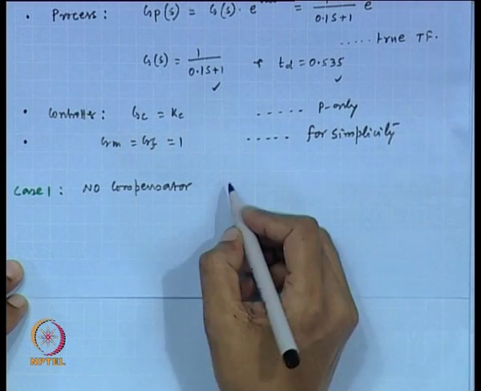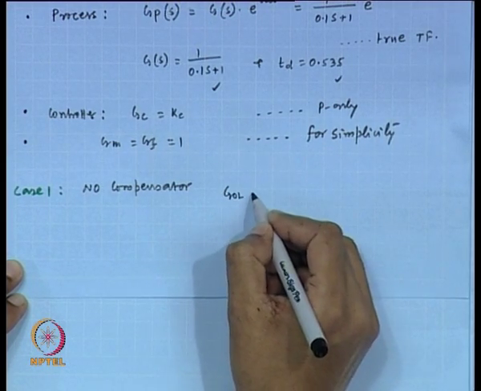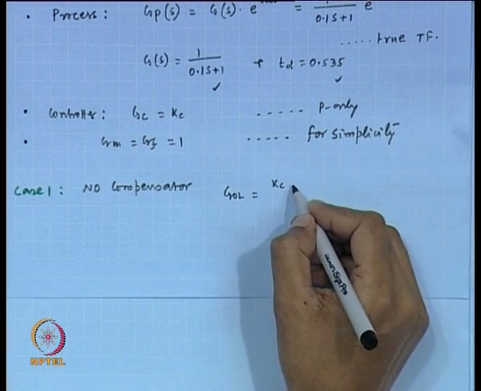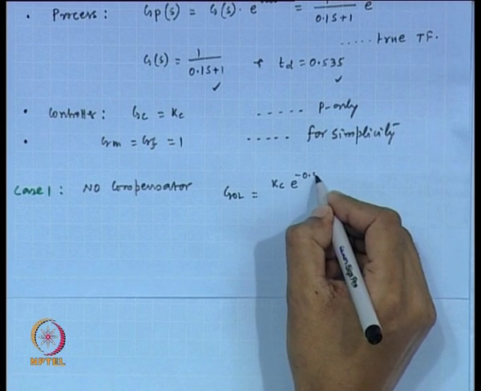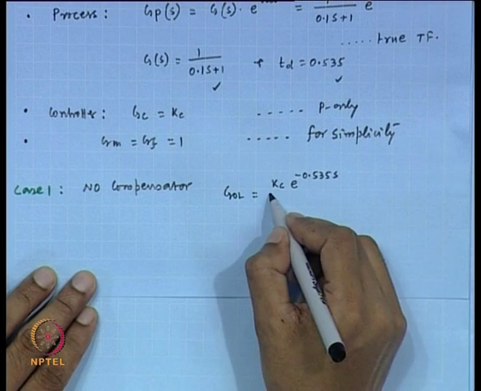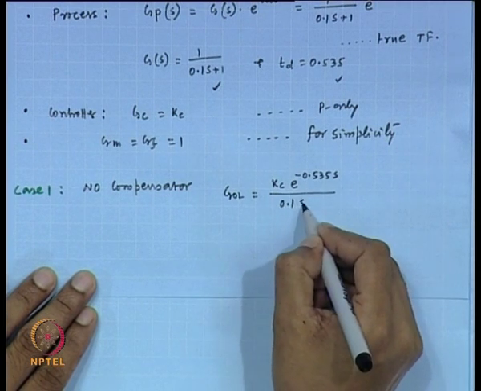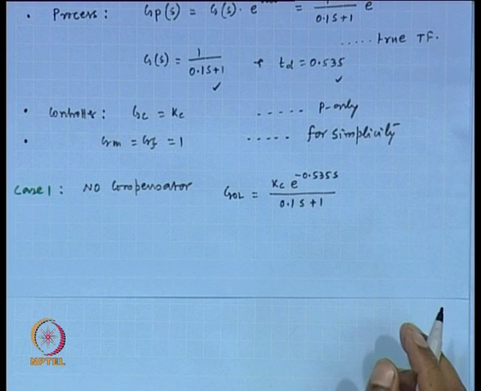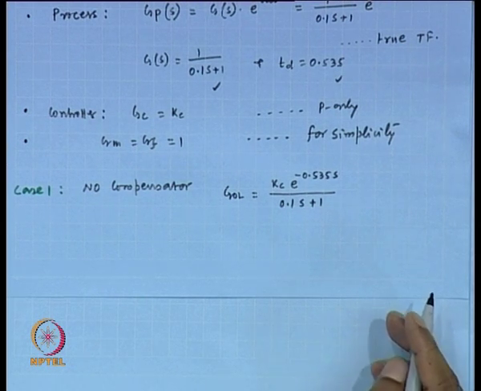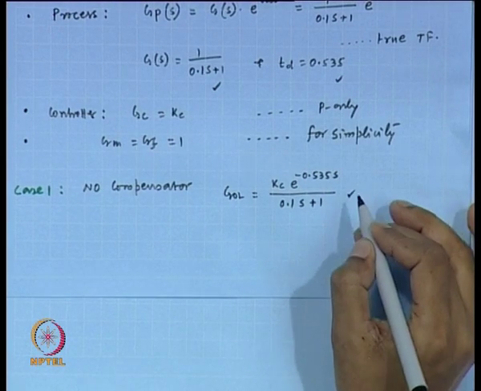The open loop transfer function which we are considering is represented by Kc exponential minus 0.535 s divided by 0.1 s plus 1. This is given to us.